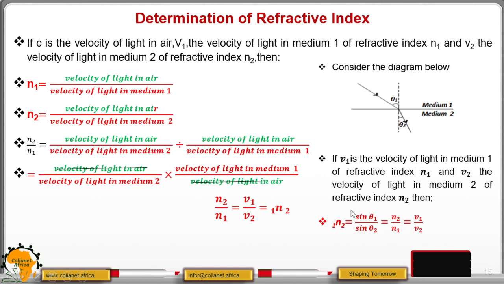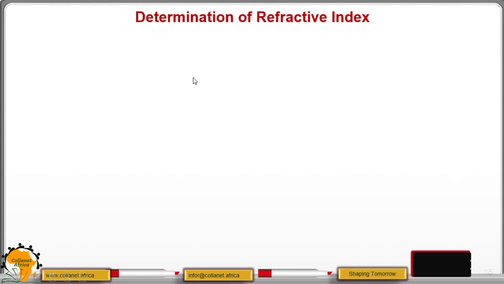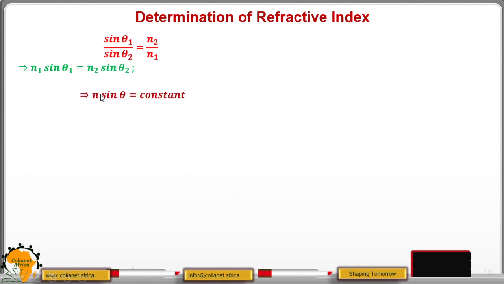Now, this can be simplified as we are going to see in this slide. When sine theta 1 over sine theta 2 is equal to n2 over n1, you can cross multiply. By cross multiplication, we get n1 sine theta 1 equals n2 sine theta 2, which implies that n sine theta is equal to a constant.